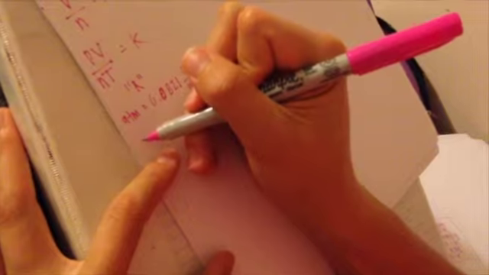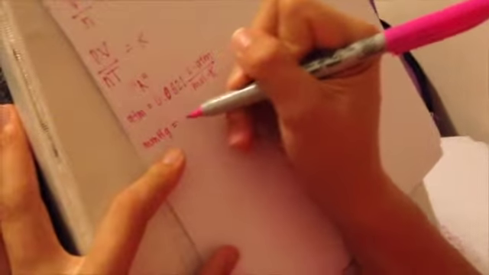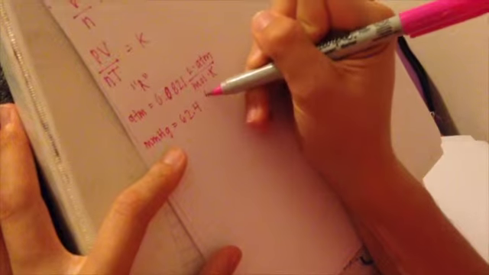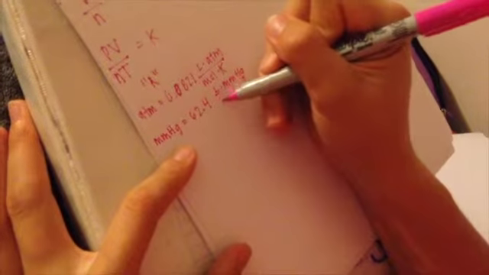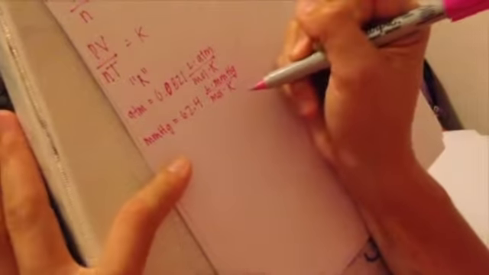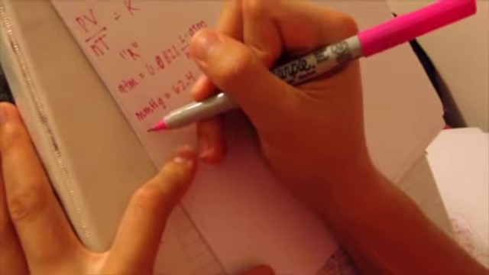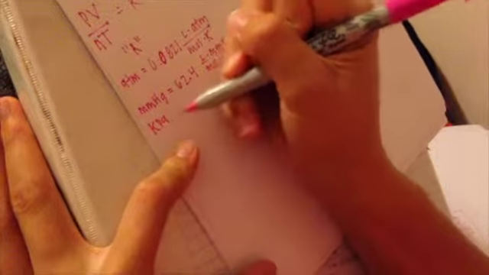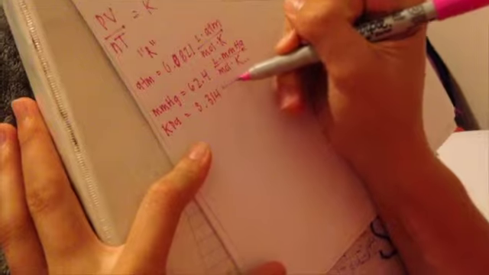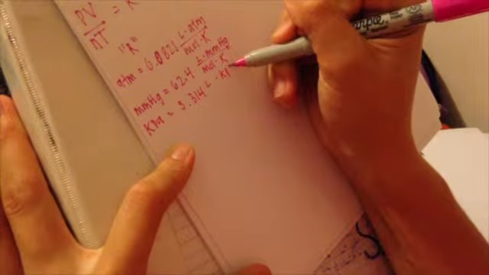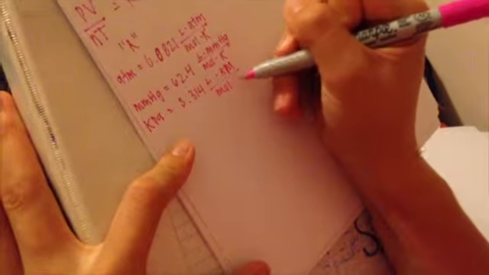If your pressure has units of millimeters of mercury, it equals 62.4 liters times millimeters of mercury over moles times Kelvin. And if your pressure units are in kPa, it will equal 8.314 liters times kPa over moles times Kelvin.